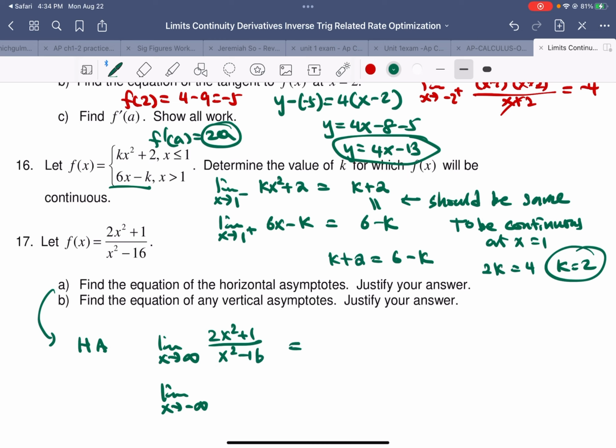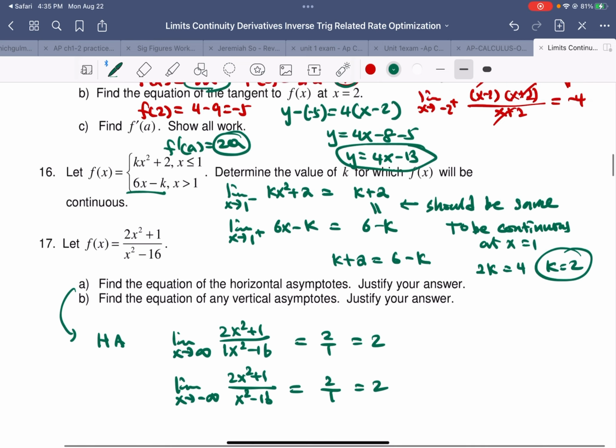Like we talked about, with the same power in the numerator and denominator, you take the coefficients, so 2 over 1, which is 2. For negative infinity, it doesn't matter, since x squared goes to positive infinity both ways. So that's also 2 over 1, which is 2. So y equals 2 is a horizontal asymptote.